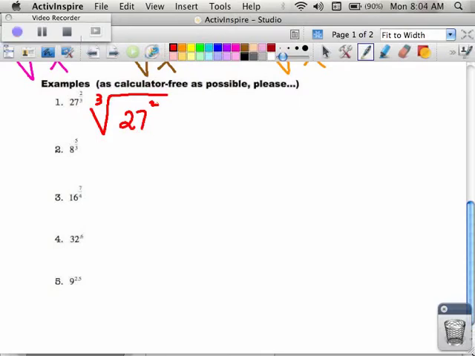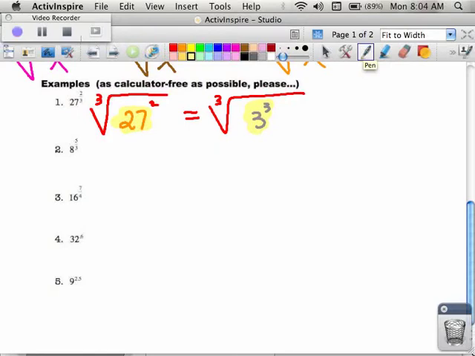And then if I know that inside here, this 27 can be written a different way, then I can simplify this a little bit. So I can leave it as the cube root, but 27 is really like 3 to the third power. That's that highlighted yellow stuff, because 3 times 3 times 3 is 27.